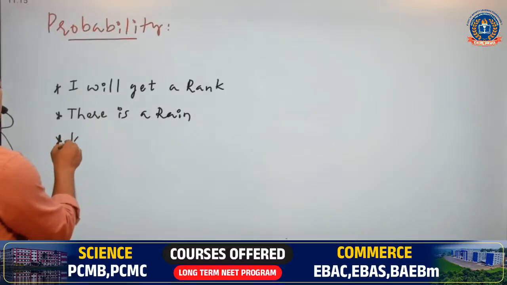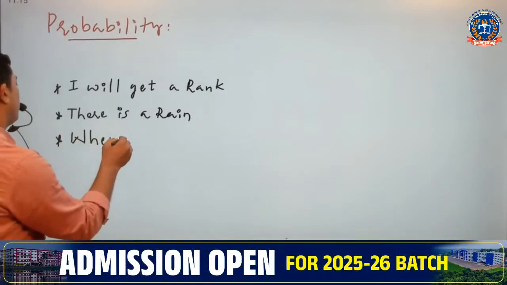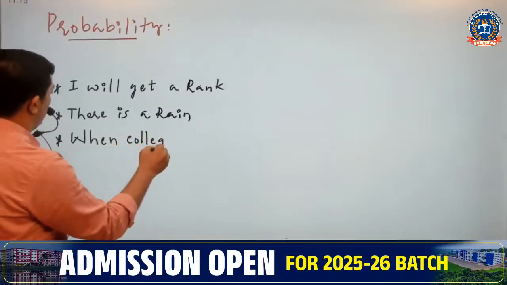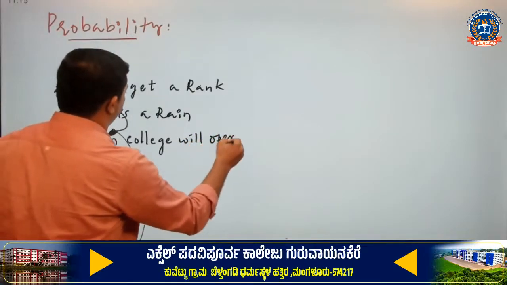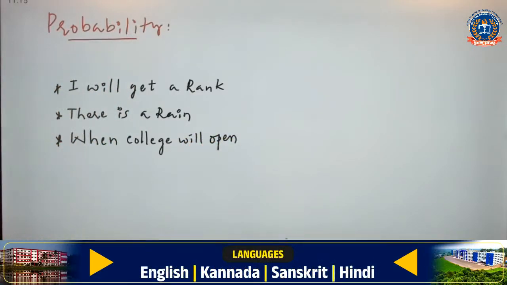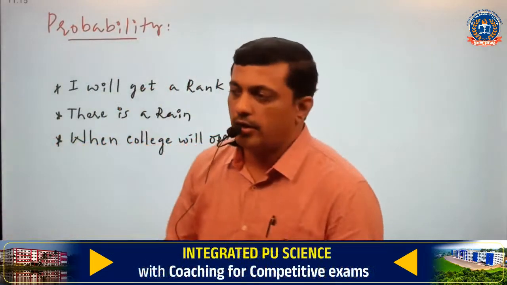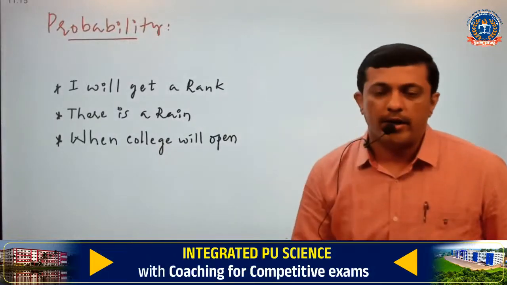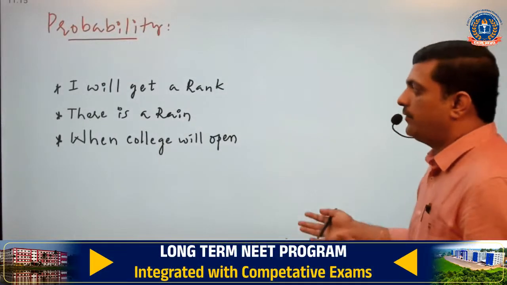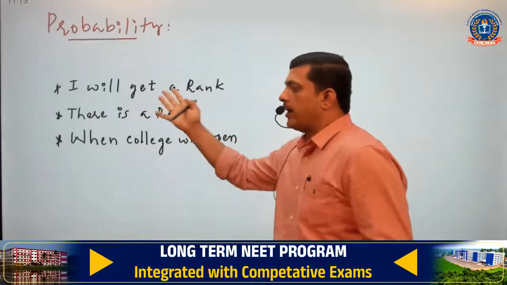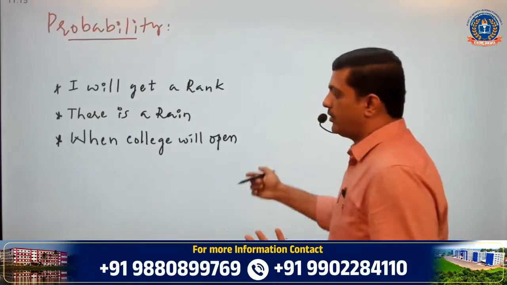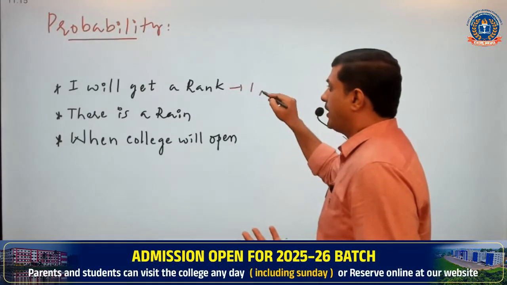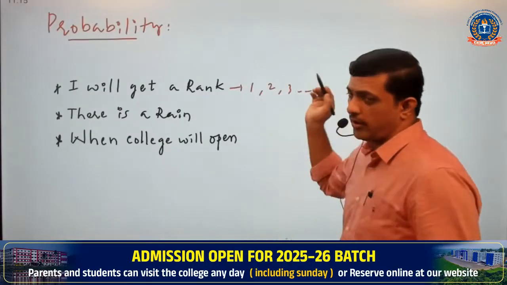Okay, your favorite question: when will college open? Right, these are the 3 points I have taken. When you hear these 3 points, what is the immediate reaction you will get? The first point, I will get a rank. I will get a rank means your friend obviously will ask you what rank. What rank means whether you are going to get a first rank, second rank, third rank, or so many ranks.